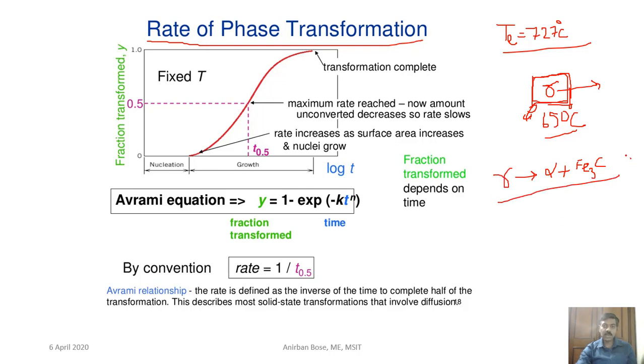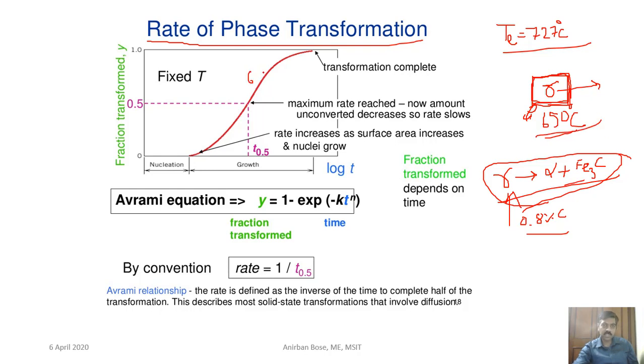So we are considering this transformation, and let us consider we have taken 0.8% or 0.76% carbon, so the eutectoid transformation. We have taken a certain amount of austenite and we are doing this experiment, keeping it isothermally and observing, so we have kept it at 650.